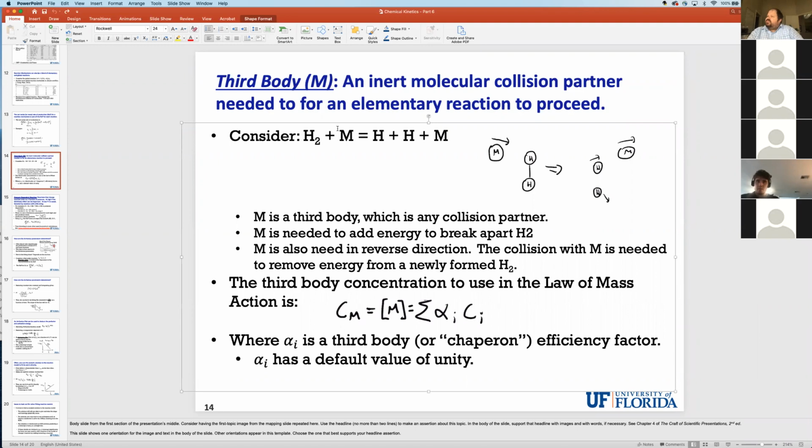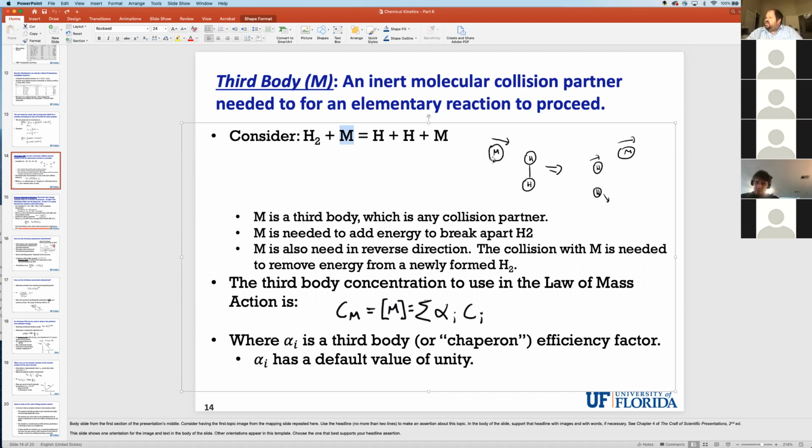What this third body does is it's a collision partner. Again, all chemical reactions are a giant game of billiards. You could imagine you have these two H atoms, which are connected by something you could think of as a spring. Now you need to break that spring, or that chemical bond.